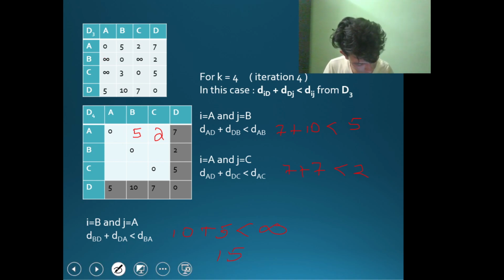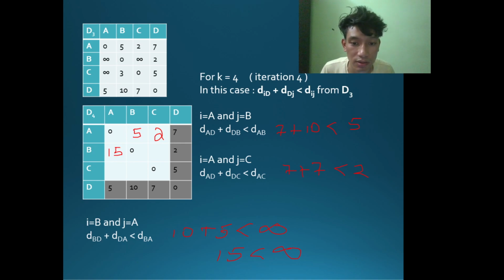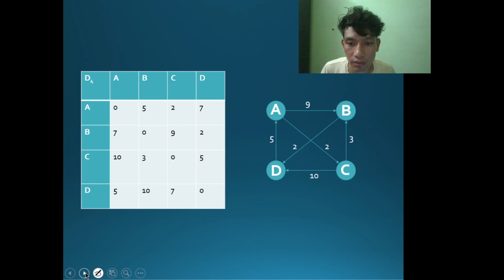So 15 is less than infinity, right? So here we will write 15. And similarly, we can find out the elements of d4.